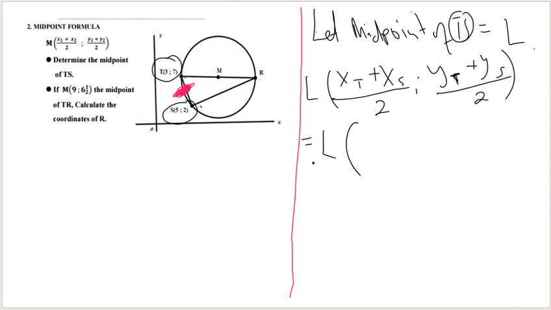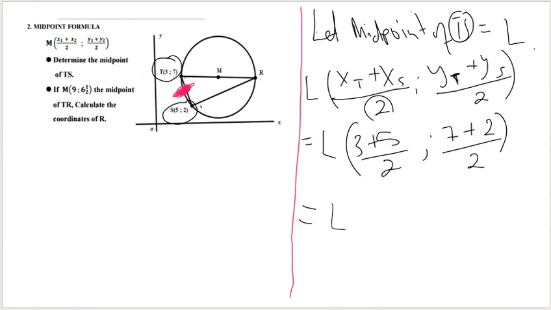Here is my xt, equal to 3, plus, where is my xs? Here is my xs, equal to 5. Then you divide that by 2. Where is my yt? My yt is 7, plus my ys is 2. Then you divide that by 2. This is equal to L.